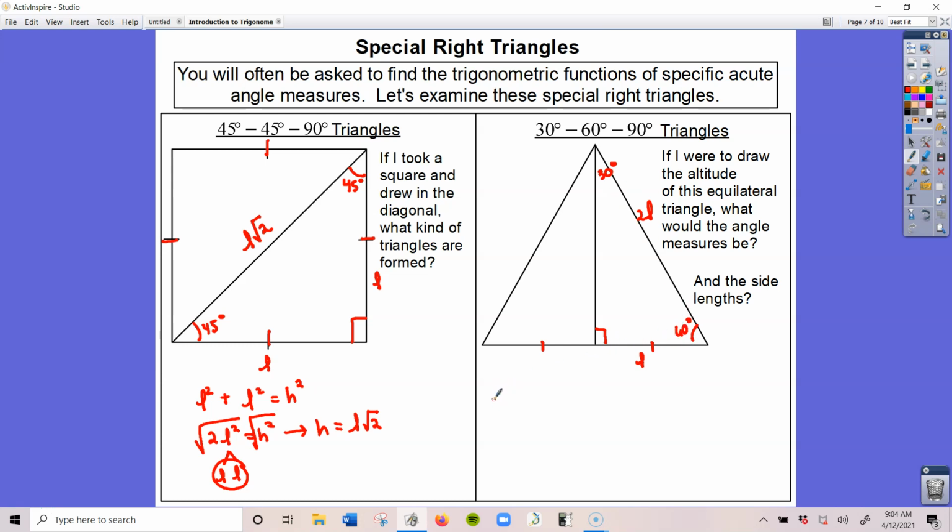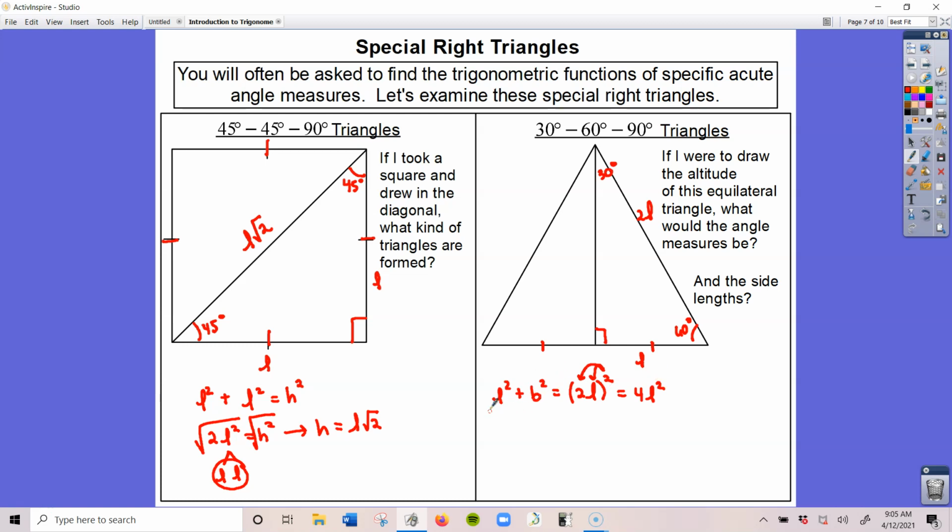So I would set this up as L squared plus B squared, what I'm trying to solve for, is equal to my hypotenuse squared. When I apply this here, the square to the 2L, remember that you have to apply the exponent to both the 2 and the L, which gives me 4L squared.